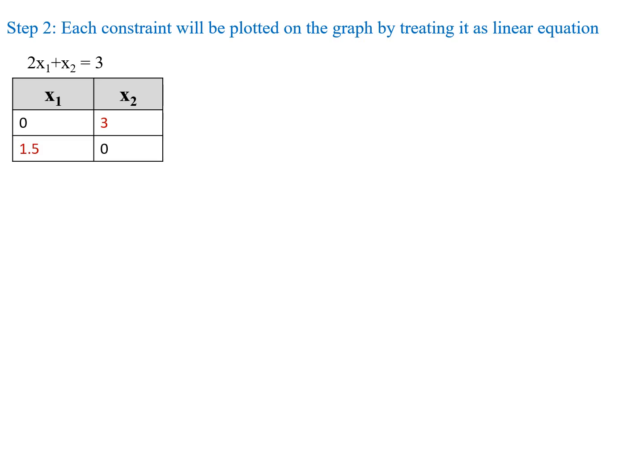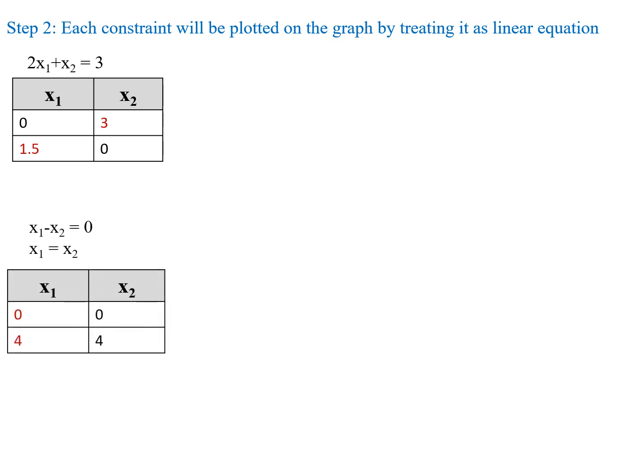Similarly, if x2 equal to 0, then x1 equal to 3 by 2, and the x1 value is 1.5. So coordinates for this constraint equation are 0, 3 and 1.5, 0.